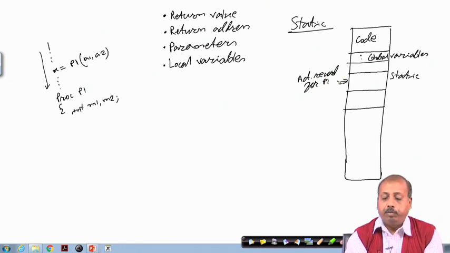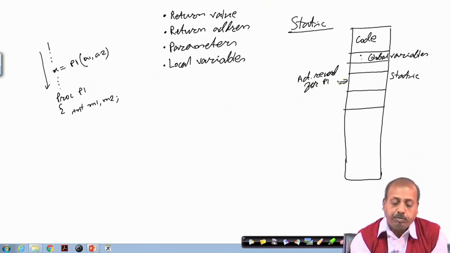Whenever, from any point in the program, I make a call to the P1 procedure, these entries will be filled up here. The first slot may be for the return value, the second slot for the return address, then there are two parameters that I am passing.